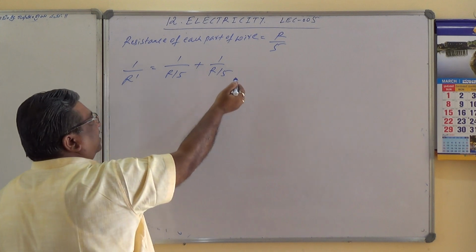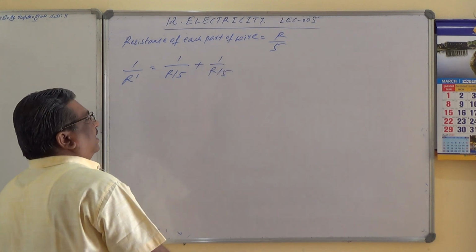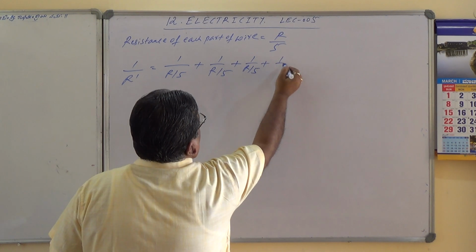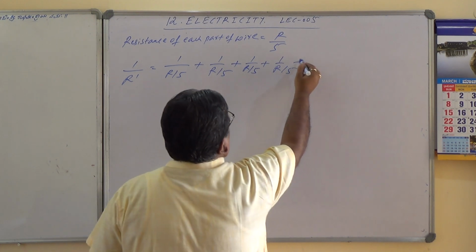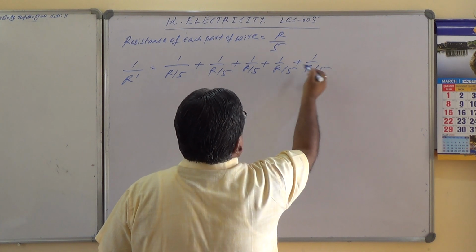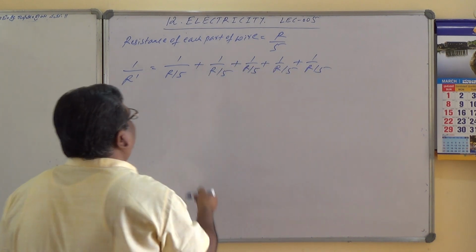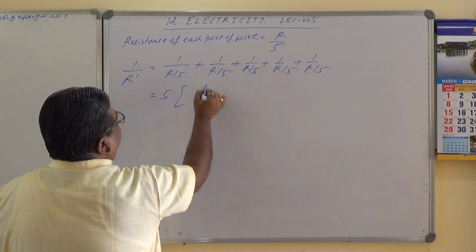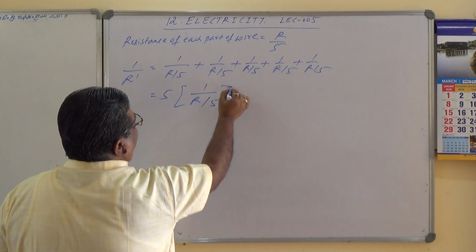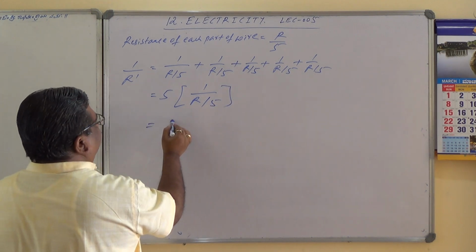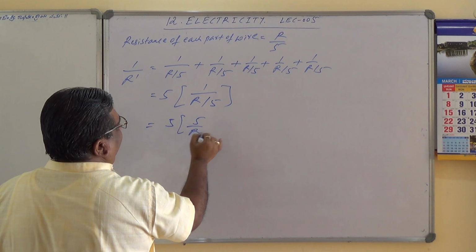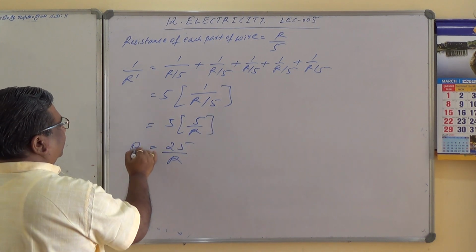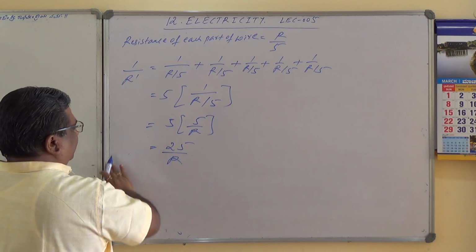How many such parts are there? 5 parts connected in parallel: 1, 2, 3, 4, 5. Which equals 5 times 1 by R by 5, which equals 5 times 5 by R, which equals 25 by R. This is 1 by R dash.